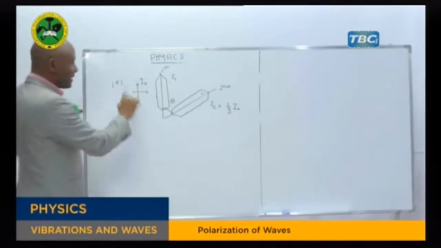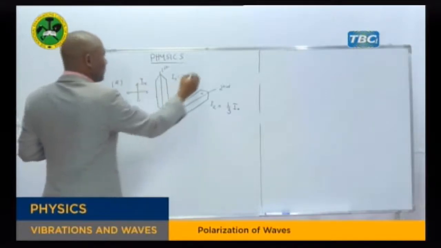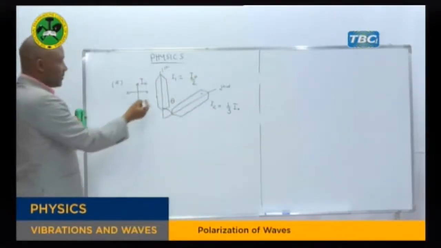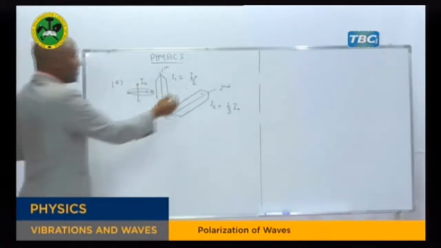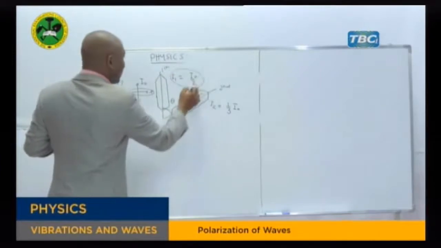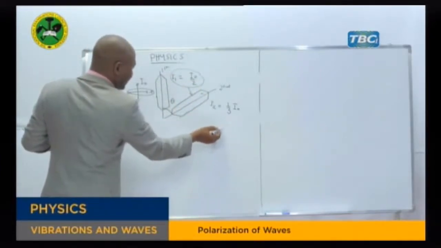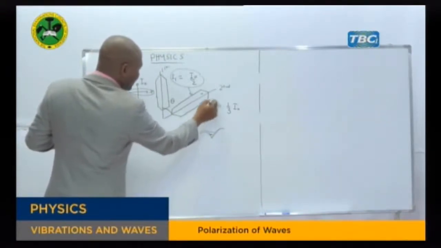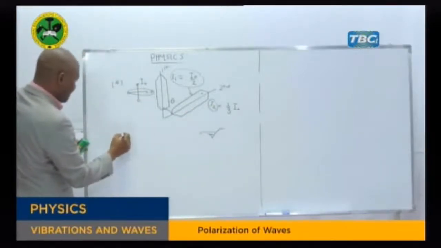So we can find I1, because we know I1 is half of I0, as the component that will be absorbed is removed. So we remain with I1 equal to that. Now from here to that side, we can find how much this is. So let's take this I2.